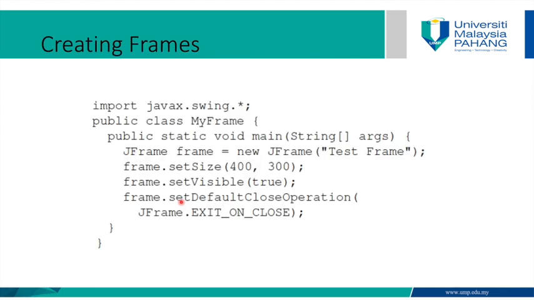So these are examples of how you can use Java Swing to create a frame. You can try this code if you want to see if it's working or not.